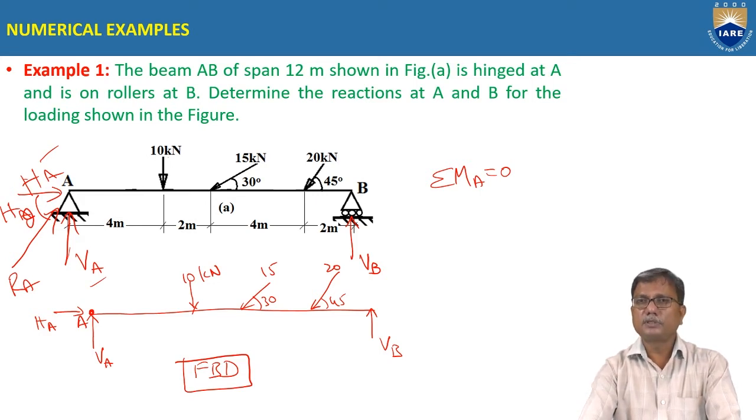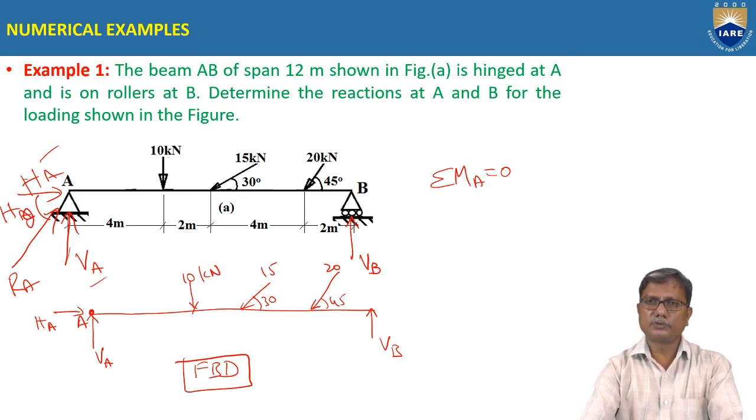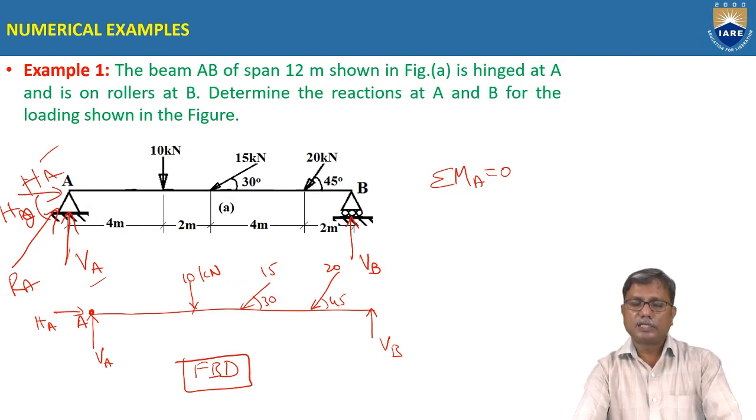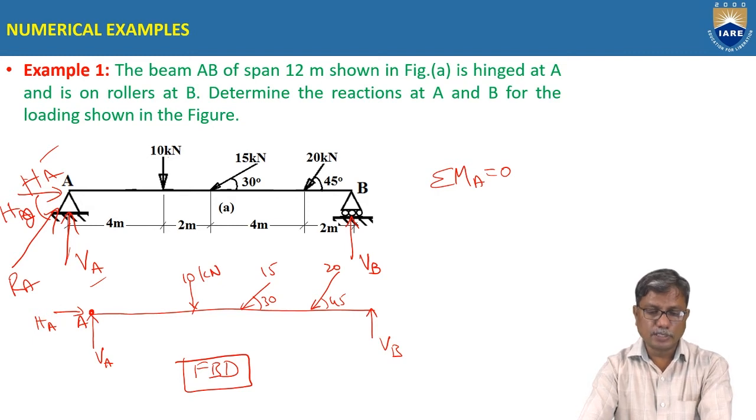So the algebraic sum of the moments exerted by all the forces including reactions must be 0. And as we are taking moments about point A, the moment of the reactions VA and HA will be 0 because they are passing through the point.